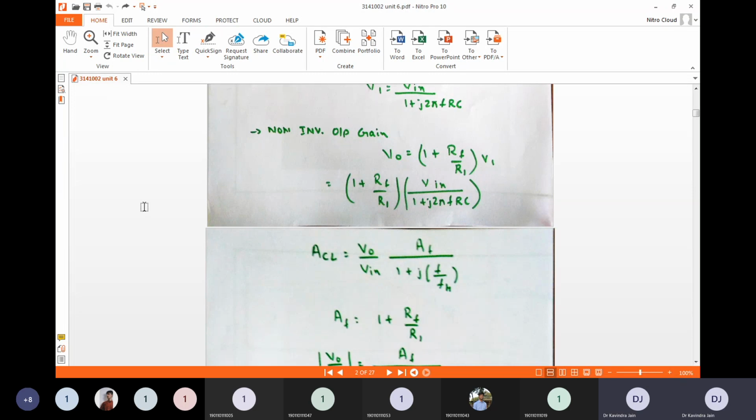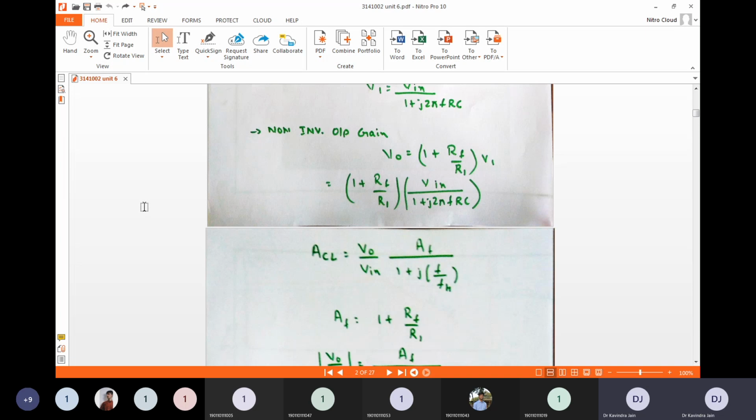Extremely sorry. I would like to say one more thing over here. F is the frequency of the input. FH that is shown in the equation is nothing but 1 upon 2 pi RC. That is high cutoff frequency. High cutoff frequency 1 upon 2 pi R into C. So FH or FC is same over here.